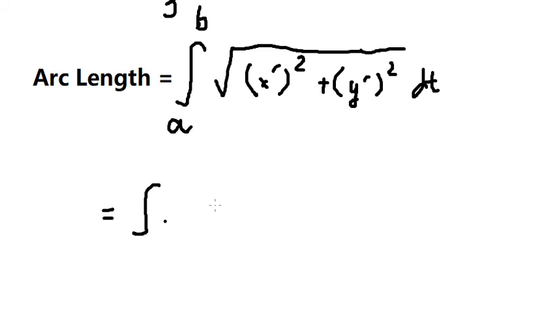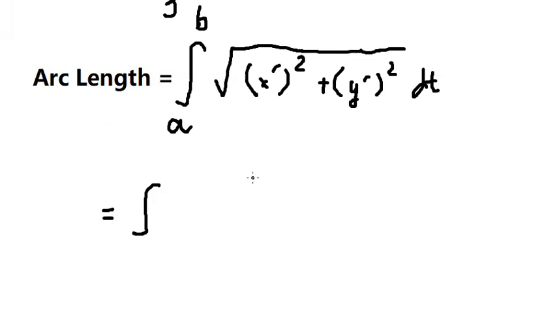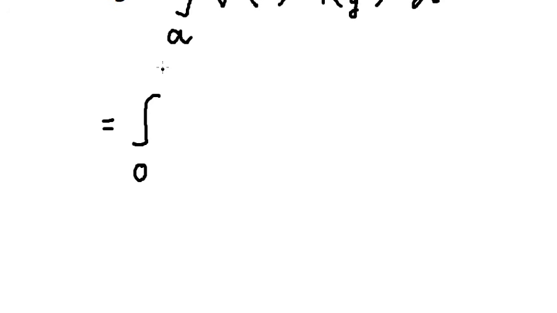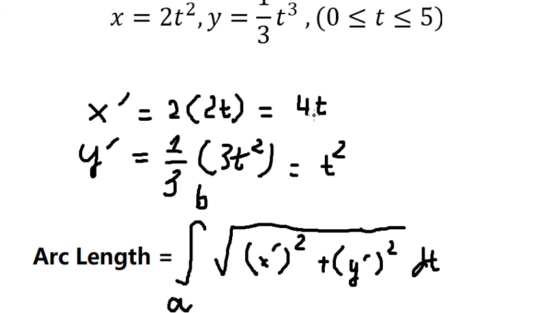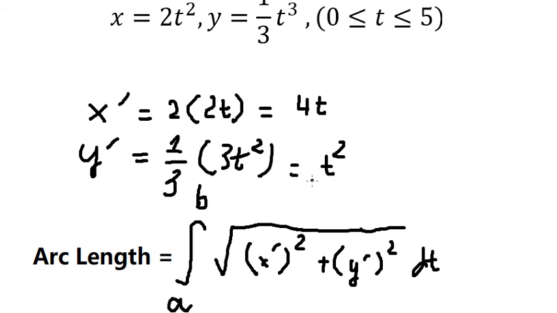Now we put the bounds from 0 to 5. So we put 4t here, and 3t squared here.